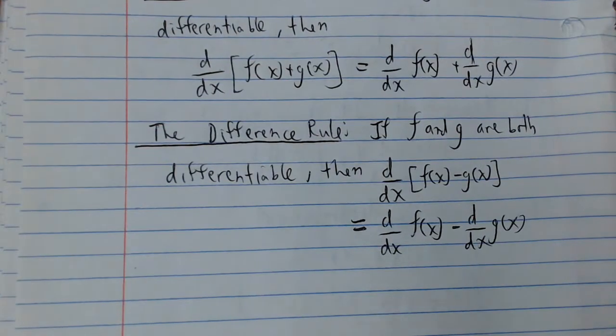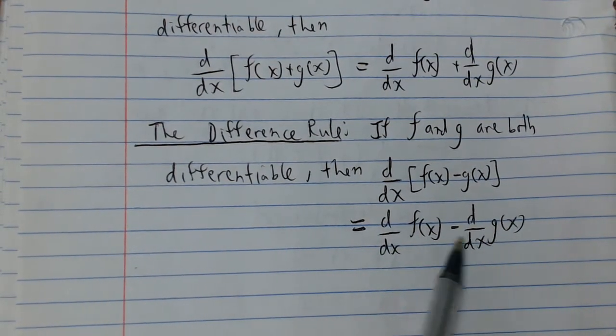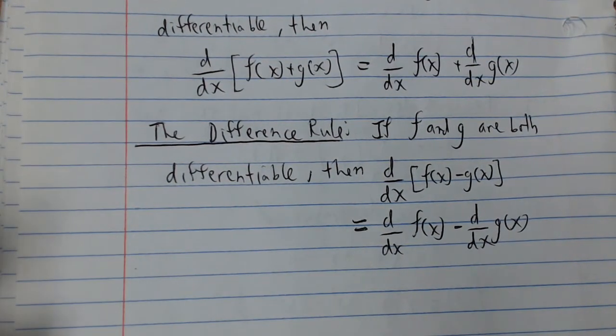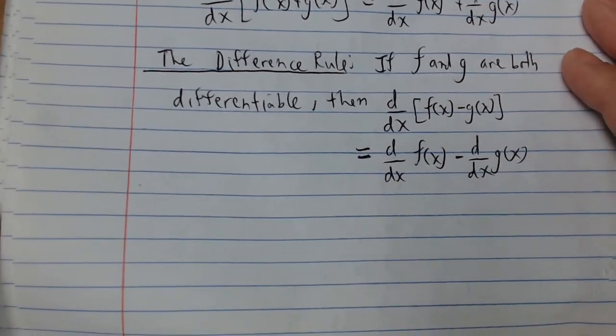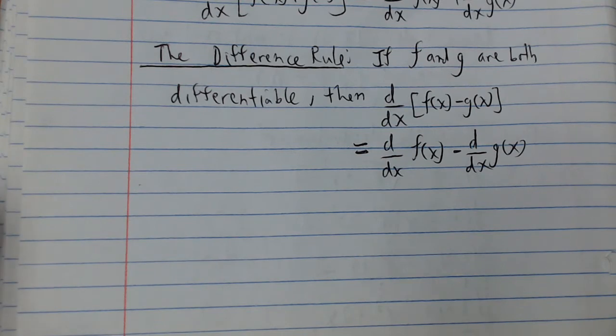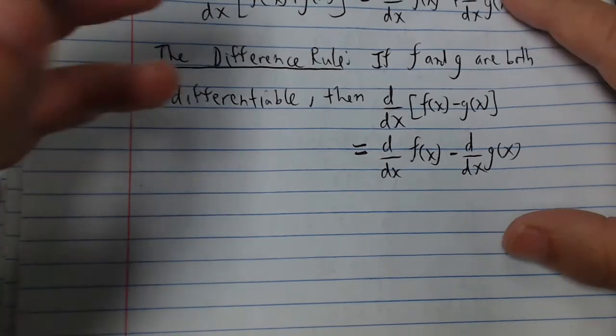So this is saying the same thing: find the derivative separately and then take the difference. Okay, so it pretty much says the same thing as before. Now, before we finish up this section, I want to talk about exponential functions.